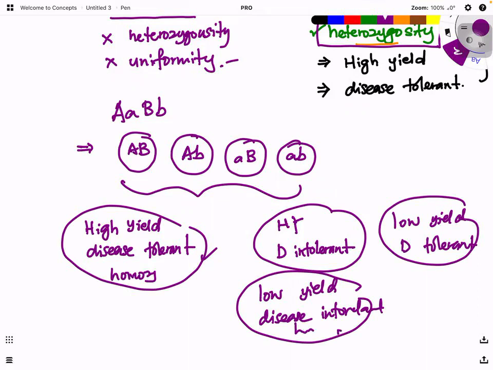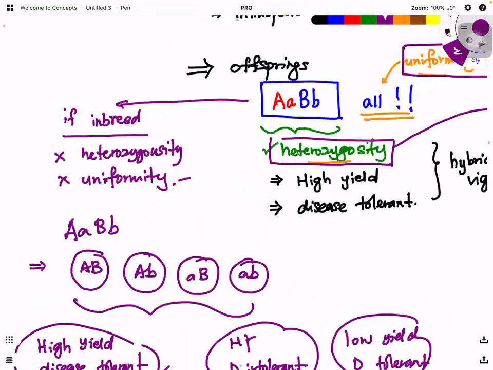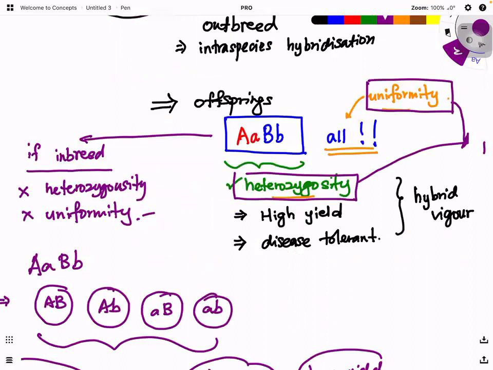So how to achieve this? We do have companies that carry out the research and sell this kind of seed to the farmer. So the farmer only needs to buy the seed and then plant it. They will always get the uniformity as well as the heterozygosity.